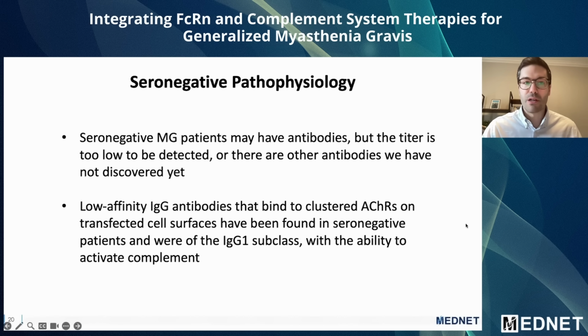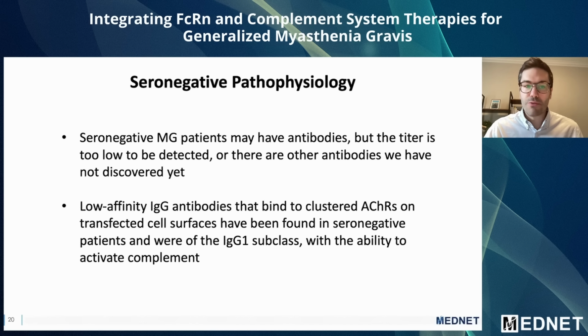Now, outside of those three antibodies, we have seronegative patients, or patients who have tested negative for all those antibodies. And the thought has been that these patients may have, in particular, the AChR antibodies, but the titer is too low to be detected, or there's other antibodies that we just haven't discovered yet. Of note, there's been some research into agrin. As mentioned, agrin is part of that complex that was related to clustering.